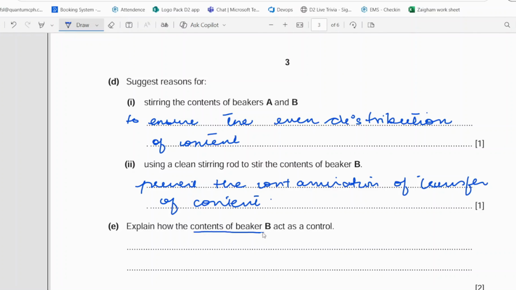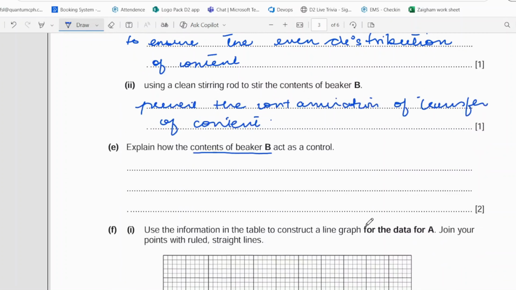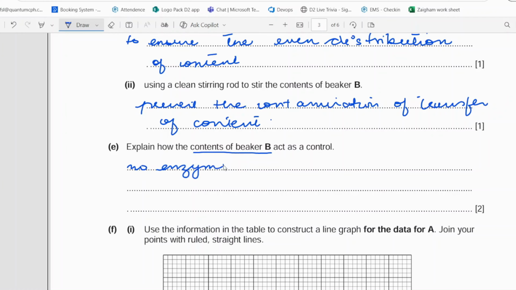Explain how the content of beaker B acts as a control. So what we have added in this? It's of 2 marks. No enzyme is added. Okay. So why do we use control? Correct.